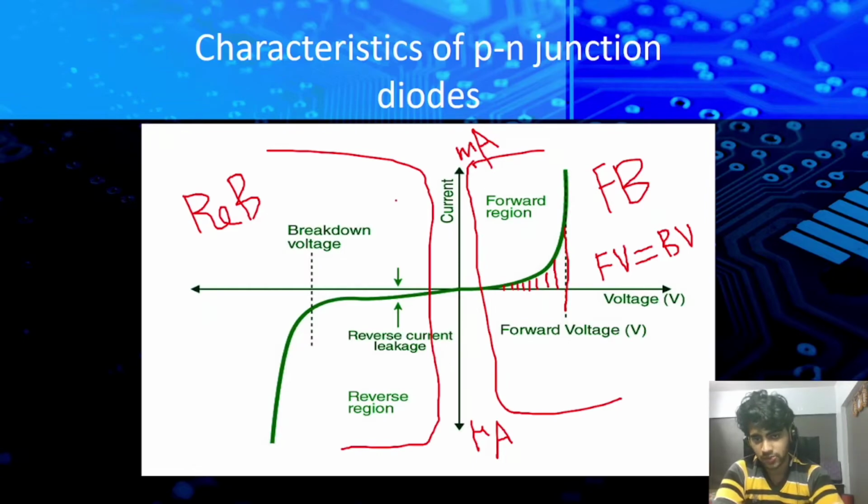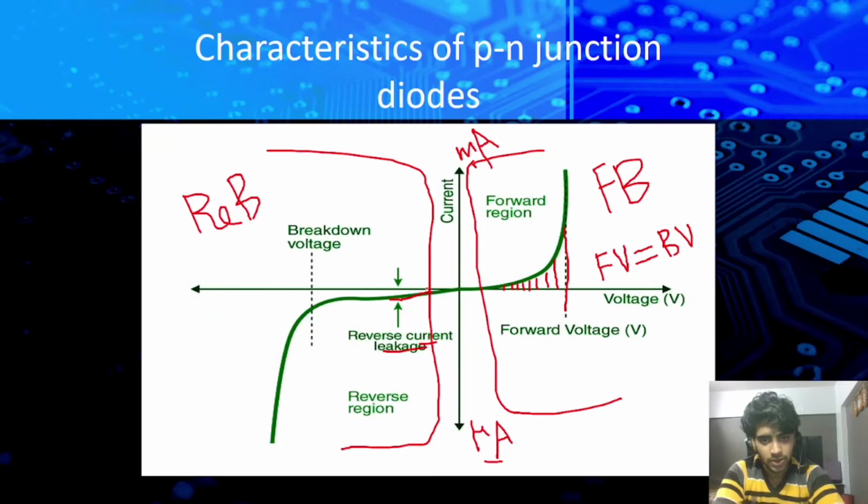Now, in reverse bias, there is negligible flow of current, a microampere flow of current. There is only one flow of current, which is the saturation current, also known as leakage current.